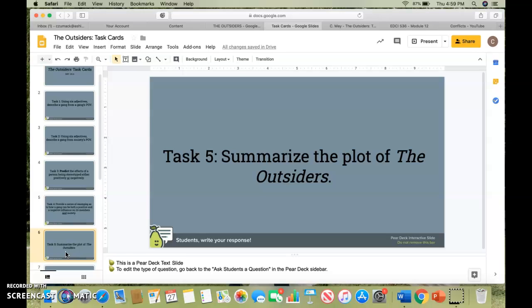Task 5 is to summarize the plot of The Outsiders. Okay, summaries, all right? I'm not wanting literally a play-by-play of every single thing that happened in every single chapter. Summarize. I would say 10 to 20 sentences, 15 to 20. You could probably get the most of the book. All right, and I'm not saying I want you to tell us everything that happened.